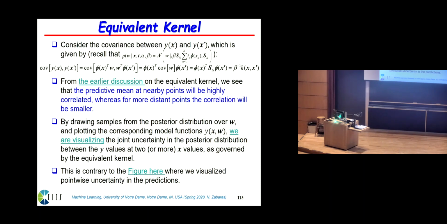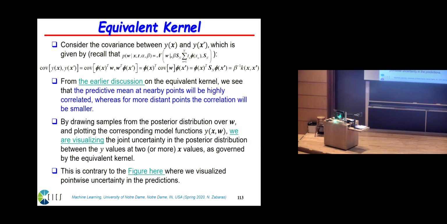I just want you right now, because we did regression, to think that this concept of using basis functions may not be necessary. Maybe you can start directly with kernels that do exactly the same job. And we will see that this leads to a much richer way of doing uncertainty regression.